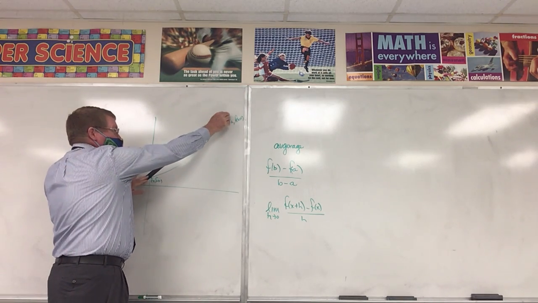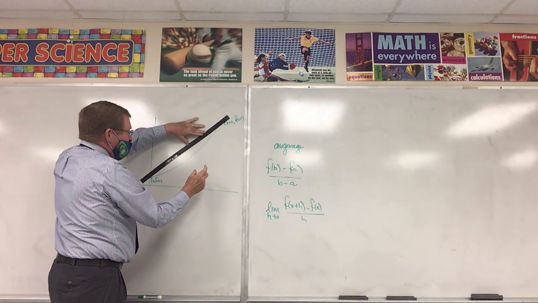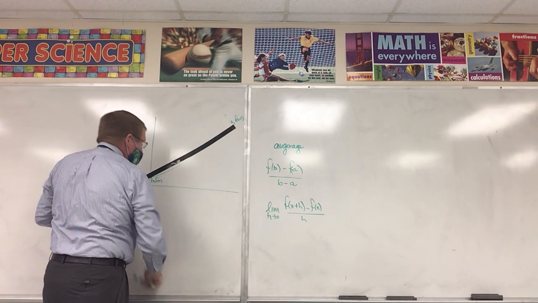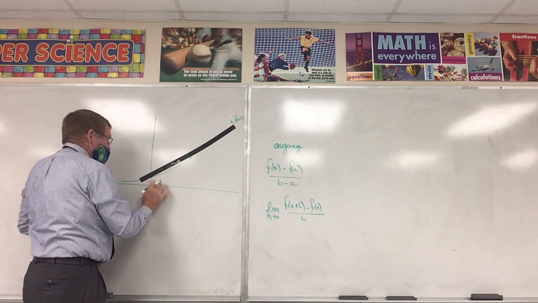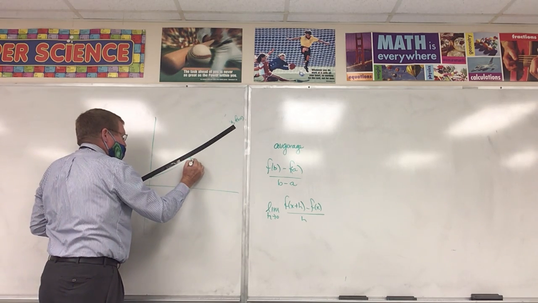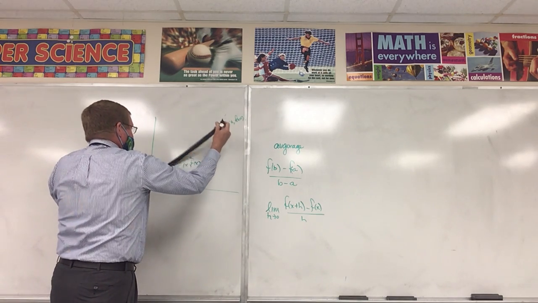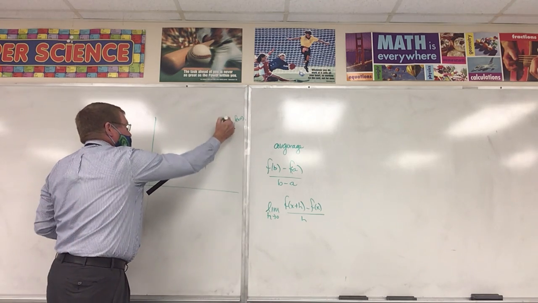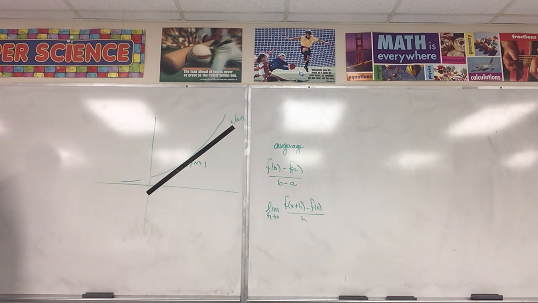As h approaches 0, that means that this line is coming and coming and coming, until we get down to here, where h equals 0, and I end up with a tangent line.